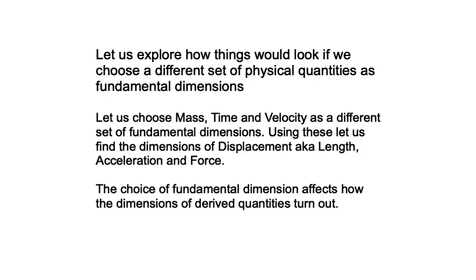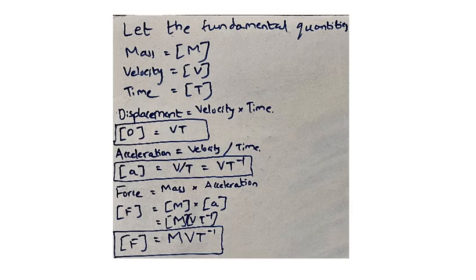So we are just looking at an alternate scenario where we have chosen mass, velocity, and time as the three independent fundamental dimensions, and depending on these three, we will find out the dimensions of the other quantities. So displacement is basically velocity into time. So the dimension of displacement d would be v times t.